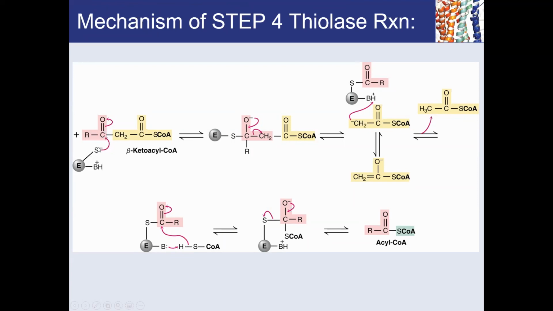In chymotrypsin, you are using a serine hydroxyl group. Here you are using a cysteine residue, a sulfhydryl group. You will generate this tetrahedral intermediate that can collapse to generate this acetyl coenzyme A, the yellow molecule that you need, right? But at this point, the enzyme is still tied up in the form of a thioester.